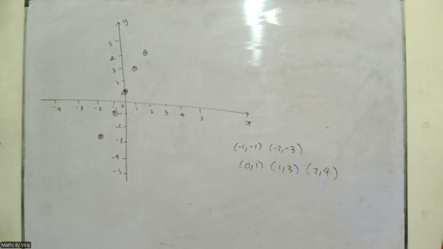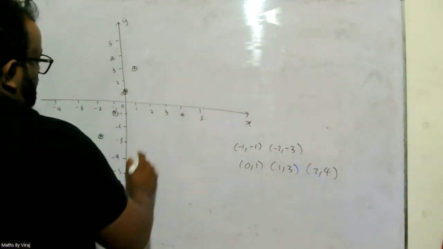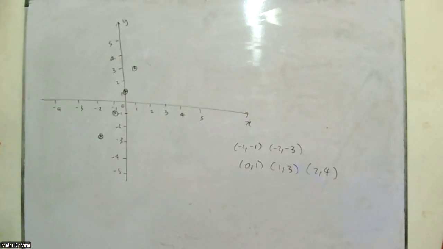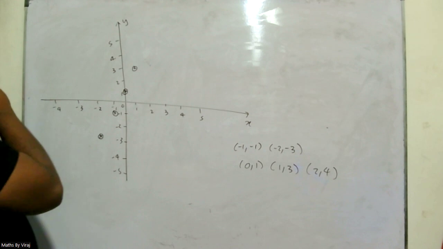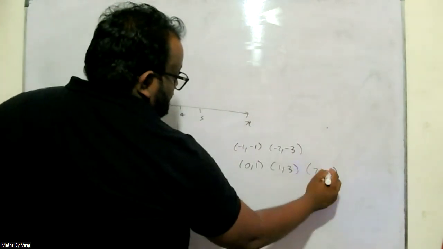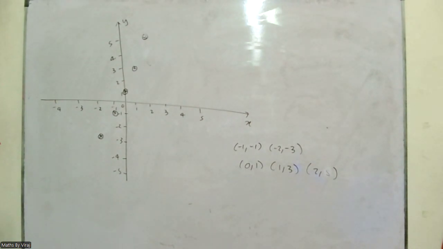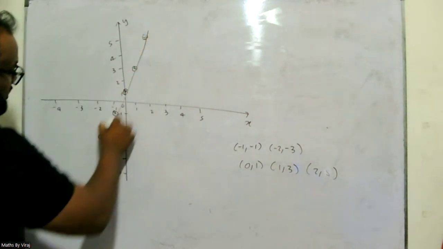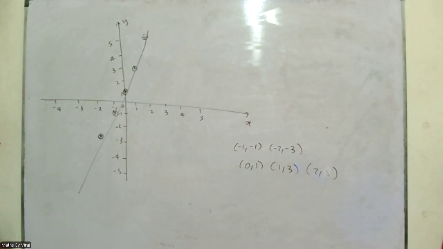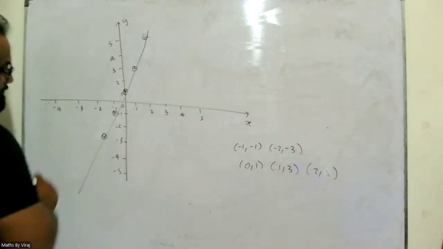Sorry, 2 and 5 it should be. Now, when I draw this, since it is not accurate, it will look something like this. It should go underneath here, but okay, fine.